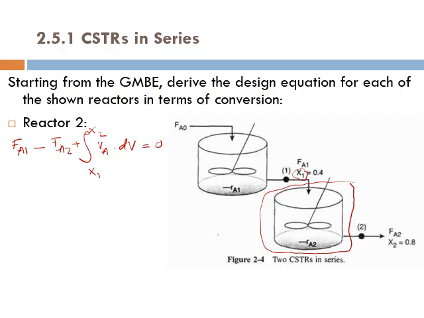Okay, great. So let's write FA1. What does FA1 equal? Well, we can always refer it to FA0, right? So that would be FA1 equals FA0 times 1 minus x1. So basically it is whatever I fed, times whatever not converted up to point 1, which is 1 minus x1, minus FA2.